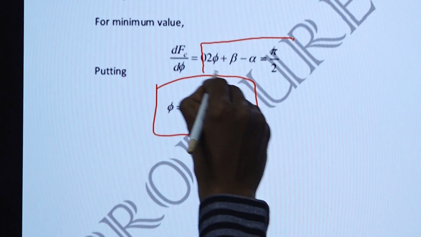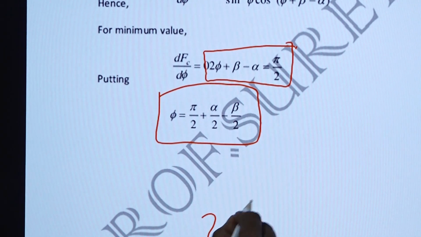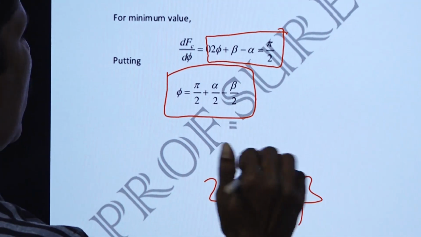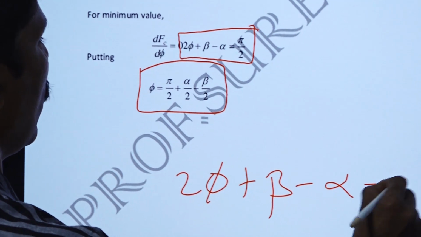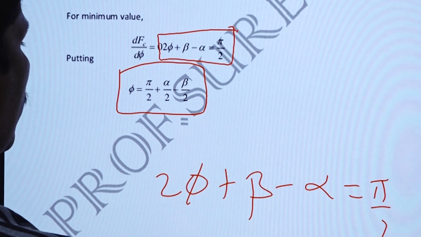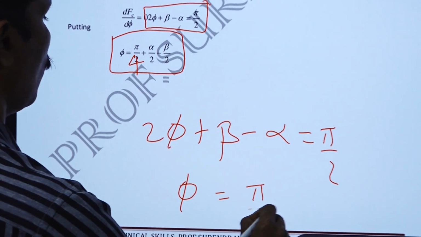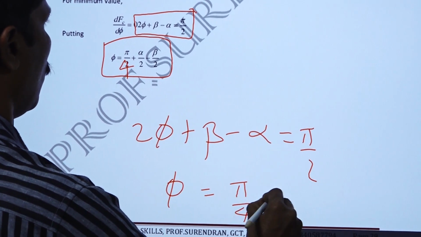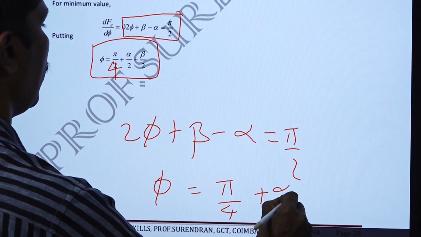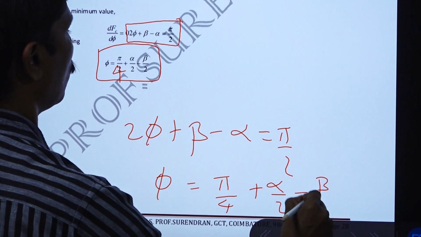So here 2 phi plus beta minus alpha equal to pi by 2. Therefore phi equal to pi by 4, here the term is wrong, pi by 4 plus alpha by 2 minus beta by 2.